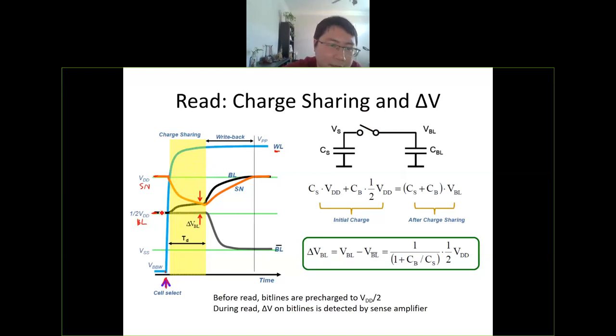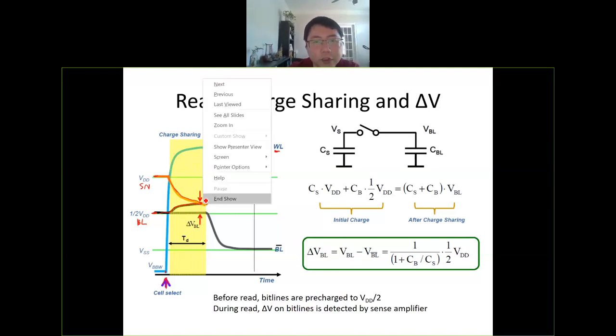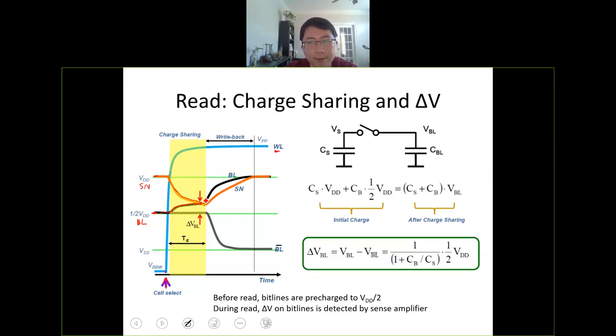After that, you will see that the voltage on the bit line will increase, as we said. To read out 1, the bit line voltage will increase by delta V. At the same time, the storage node voltage will decrease, and eventually those two voltages will be the same.